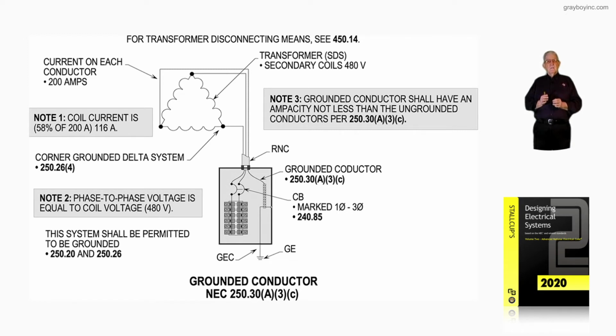So we would have say a 2-pole main there, as you see, disconnecting means and main. And notice that 240.85 says it has to be marked single phase, 3-phase. That means you shouldn't be using just a regular 2-pole breaker there that a lot of our folks use.